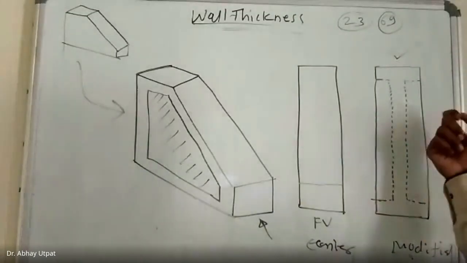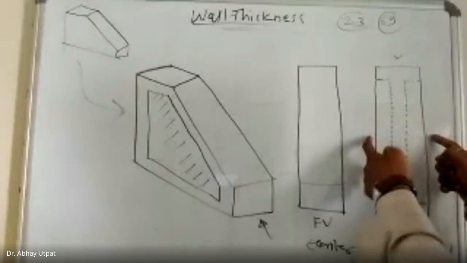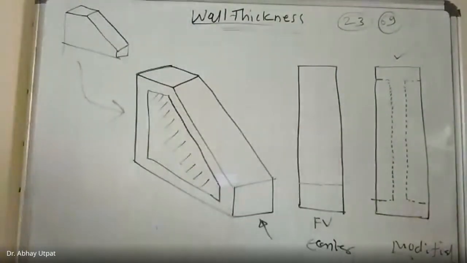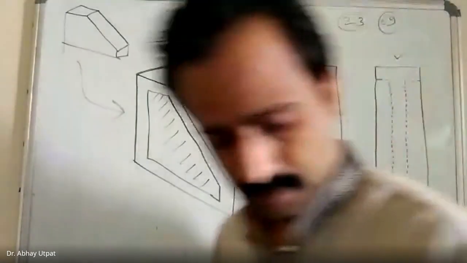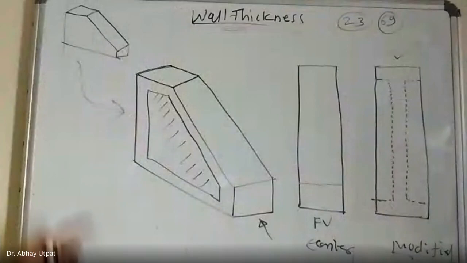Please make the correction here, because these two lines will be dark lines as they are, because the wall is present here. Now, I hope you have drawn this. I'm going to erase it now.